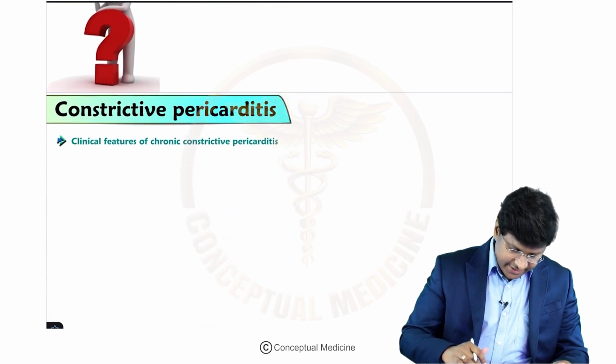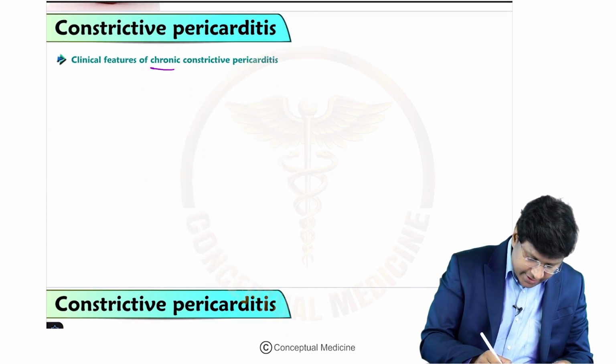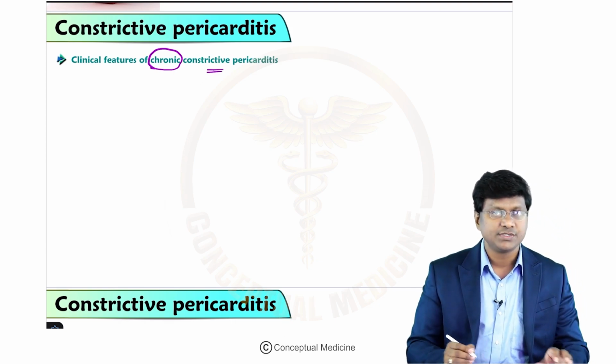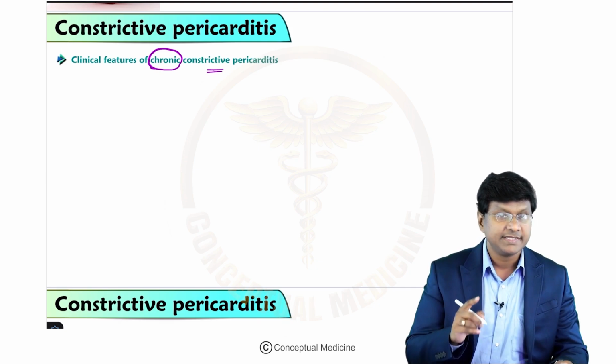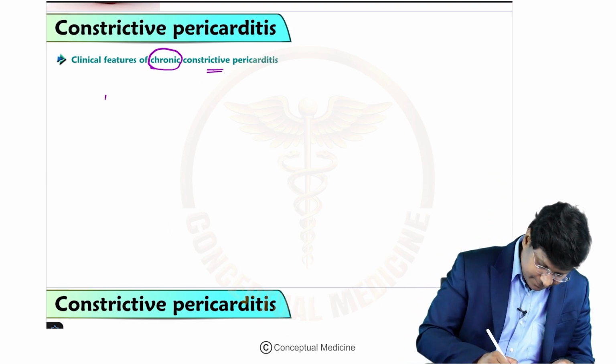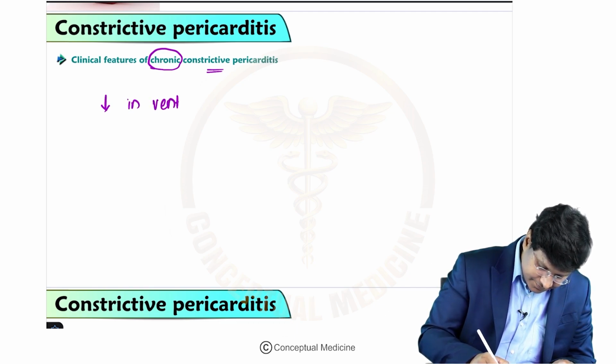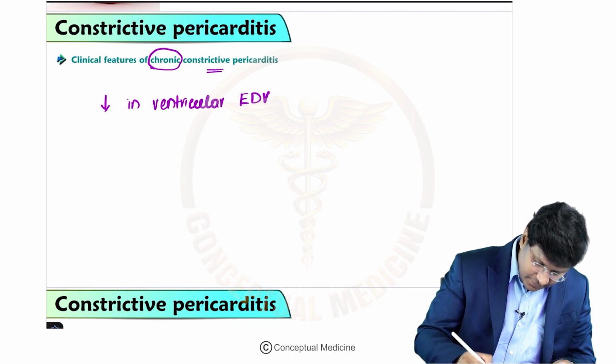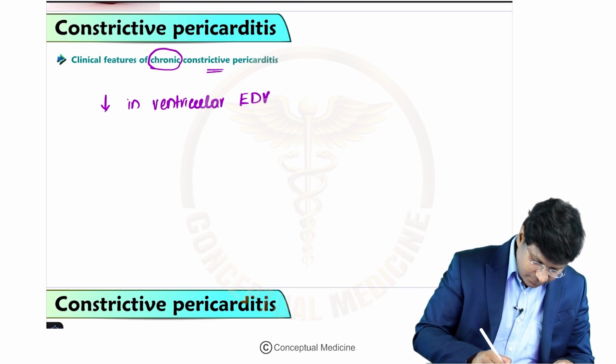If you take the features of chronic constrictive pericarditis, there is a decrease in ventricular end diastolic volume.